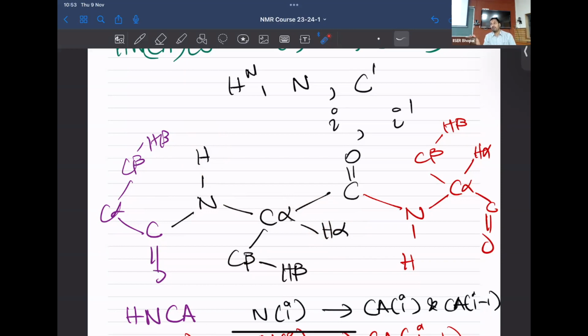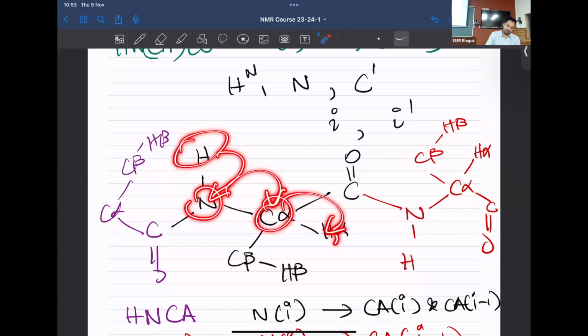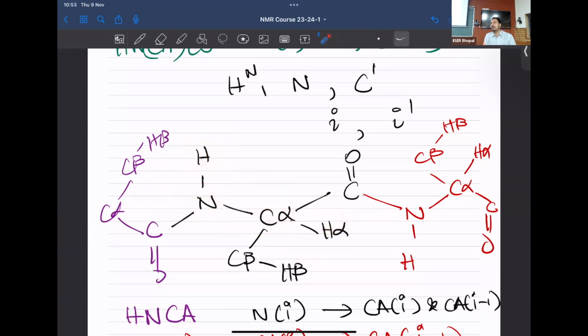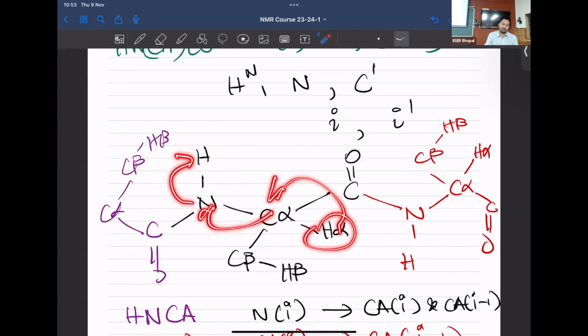True? Therefore, experiments can be designed in ways that are extremely convenient for us to maximize the sensitivity. You might argue, why don't we go from here to here to here to here and then come back? Immediately you see how many transfers we would have to make. On the other hand, a single transfer is enough to get it done.